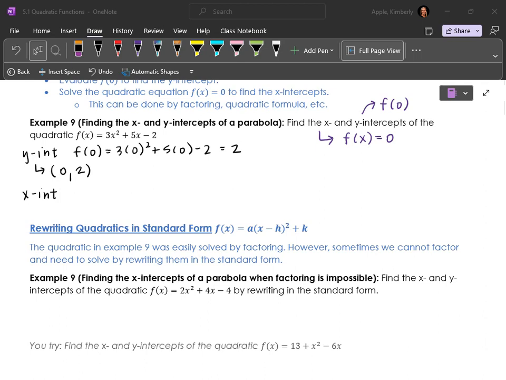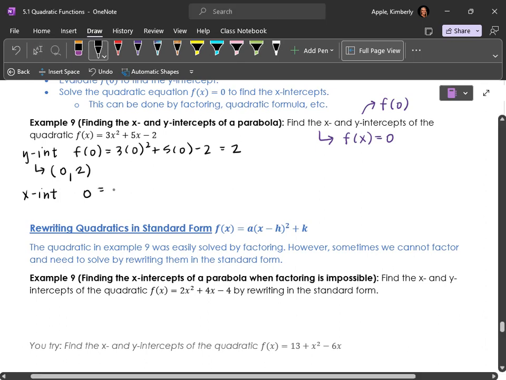Okay, sorry. All right, so for the X-intercepts, we're going to just set the entire function equal to 0. And of course, again, I don't care how you solve this. If you like quadratic formula, do that. If you like to factor, do that. So either way you want to do that is fine.